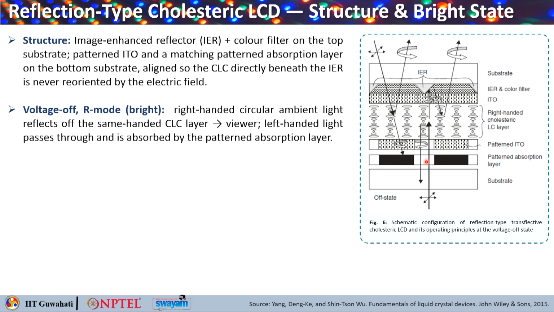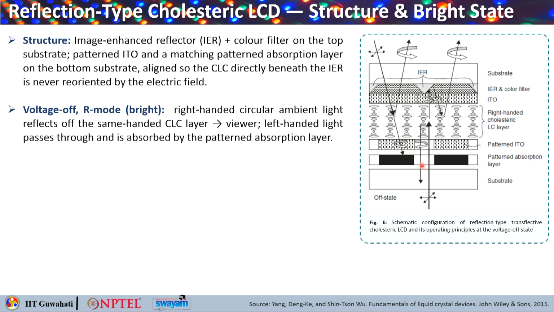These are the deliberate openings, and a patterned absorption layer, where the dark one will be absorbing and the bright one will allow. These are the openings. You also see there is a patterned absorption layer aligned directly beneath this IER.